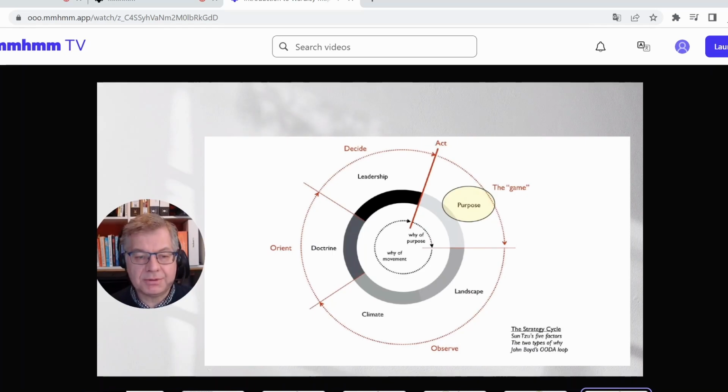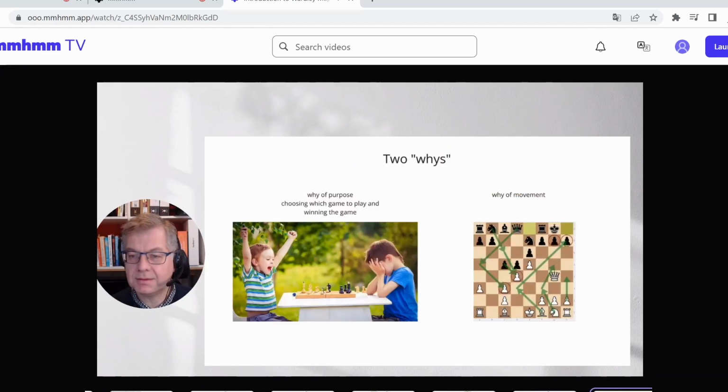And then you evaluate the purpose, and you can see there are actually two whys: the why of movement and the why of purpose. So the first one, the why of purpose, is about choosing which game to play, and the why of movement is which moves to make within that chosen game.